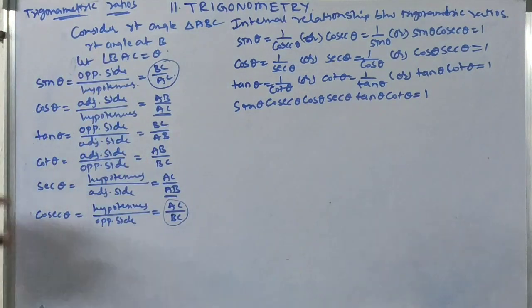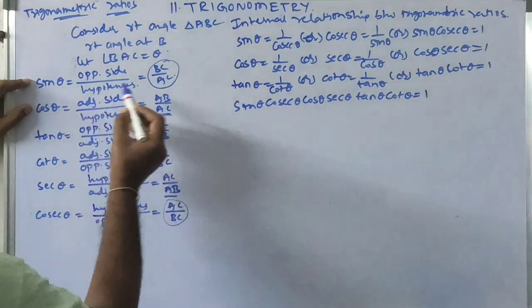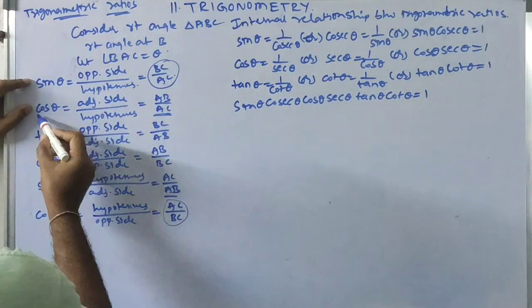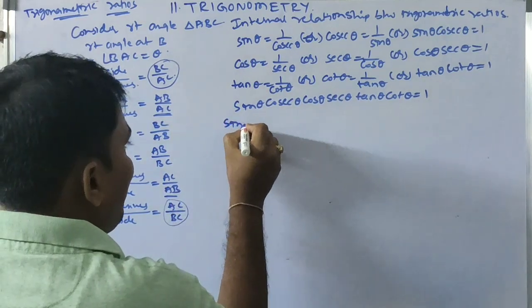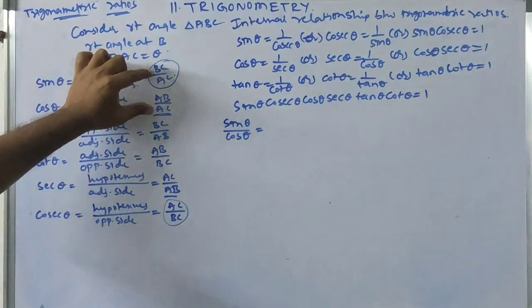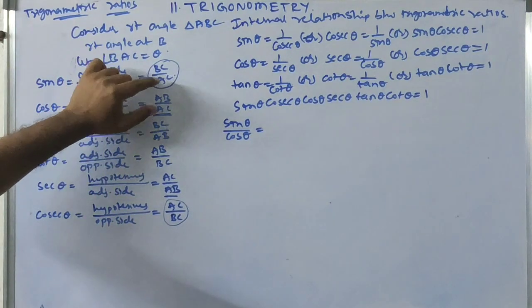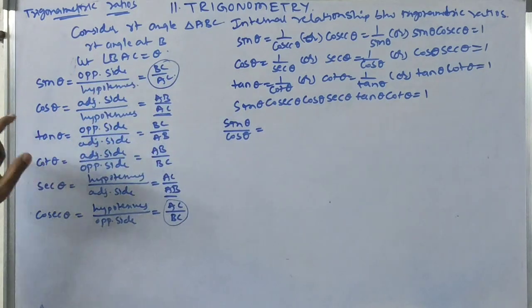And one more thing you observe, sin and cos. The denominator of sin is AC, and the denominator of cos is also AC. So if we take sin theta by cos theta, AC cancels, leaving BC by AB, which is tan theta.